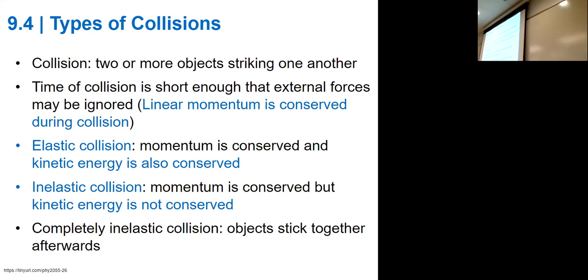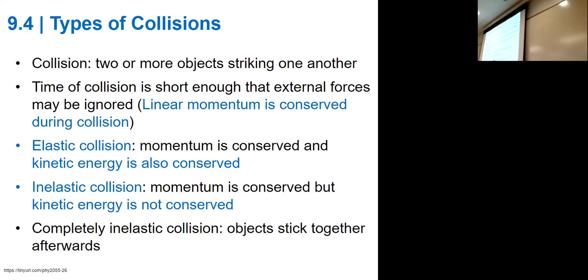And then for the time of collision, because usually when a collision happens, the time of collision is very short, it's short enough that external forces can be ignored. Okay, so typically external forces are small compared to the internal forces in the collision.